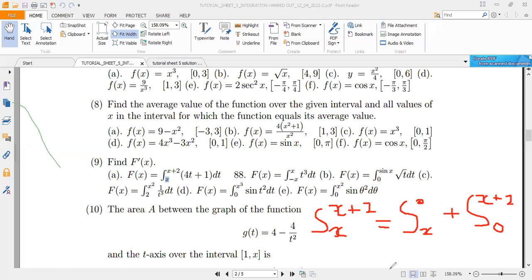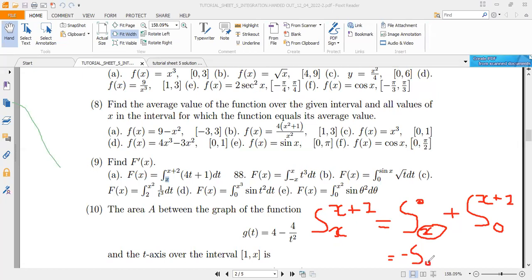So if this guy is equal to that guy, we know that our goal is that we don't want a variable down here. So what do we do? We use another principle for integrals: negative, the integral of now the 0 comes down.